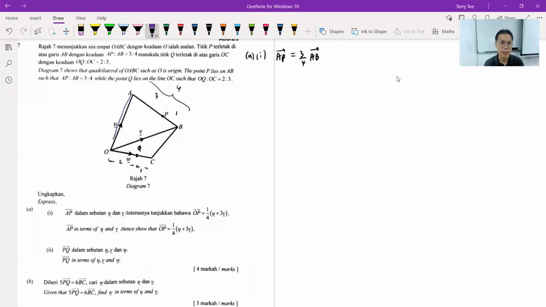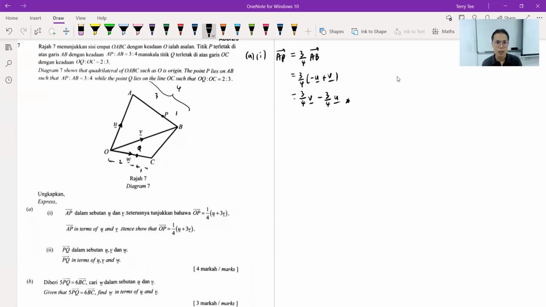AB, we can go minus U plus V. So let's do this: 3 over 4 of minus U plus V. Well, we can expand the bracket, right? And maybe I'd like to put the positive in front, the negative at the back. But if you don't do that, it's okay. You can put negative 3 over 4 U in front, positive 3 over 4 V at the back.